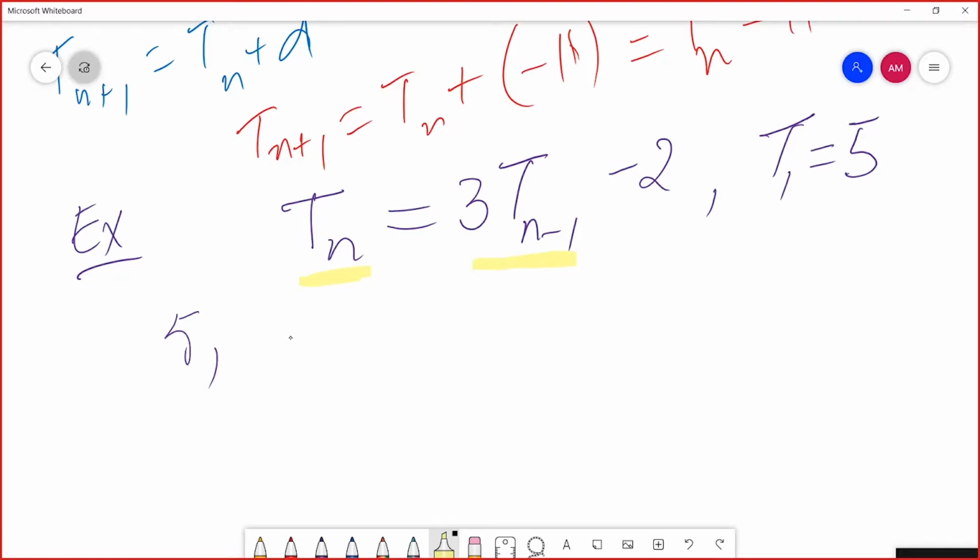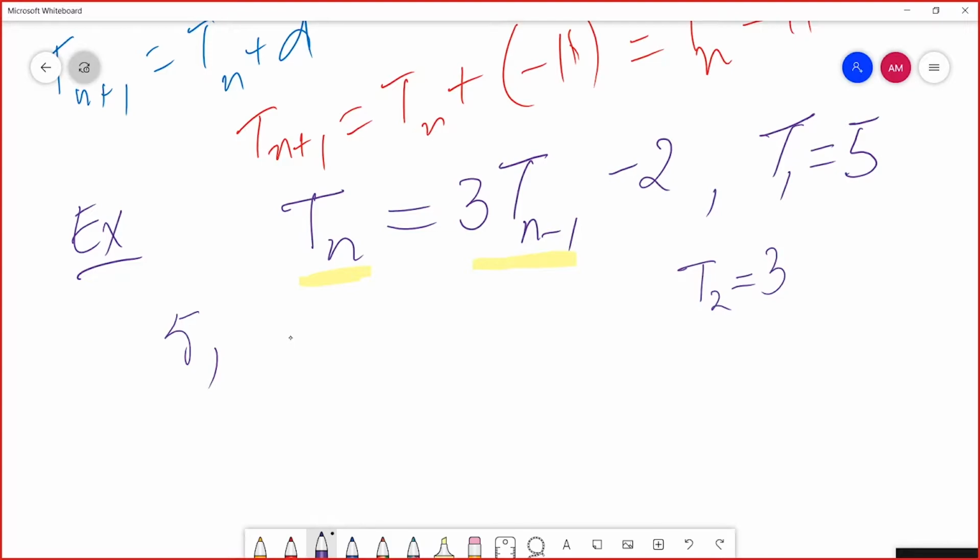So it means we are given T1. What would be T2? If I write from this equation, T2 is equal to what? 3 times T1, the original term. Look here.